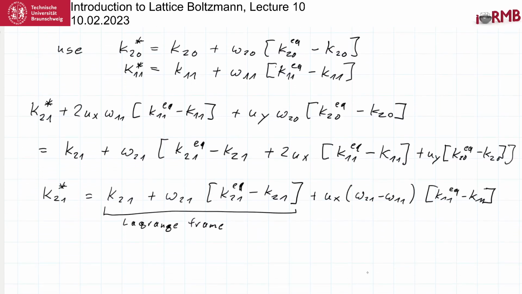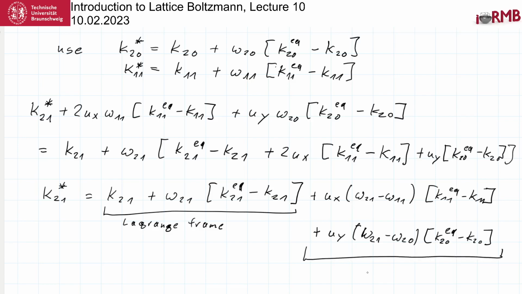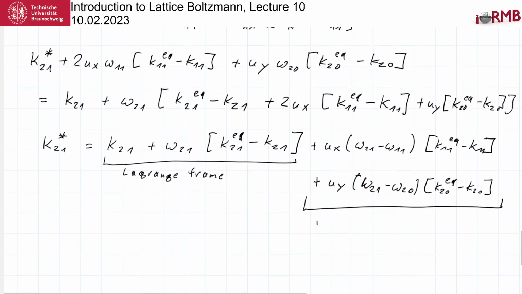And I write it here plus uy omega 21 minus omega 20 into k20 equilibrium minus k20. And this here is what we call a violation of Galilean invariance.